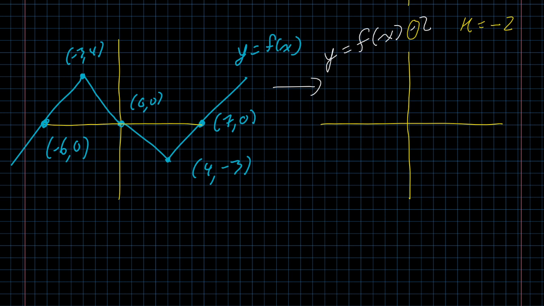But the basic idea is the same as before. We were at negative 6, 0. We move down by 2, and we are now at -6, -2.